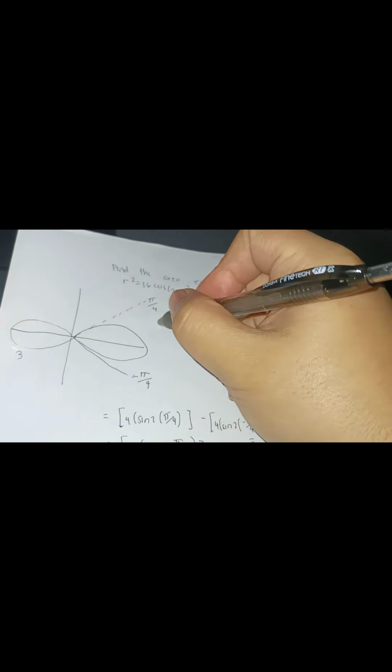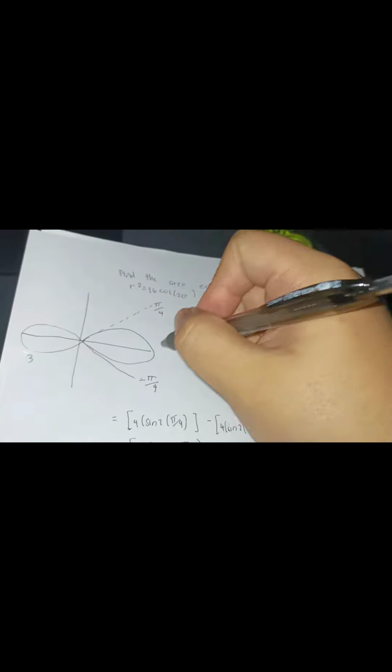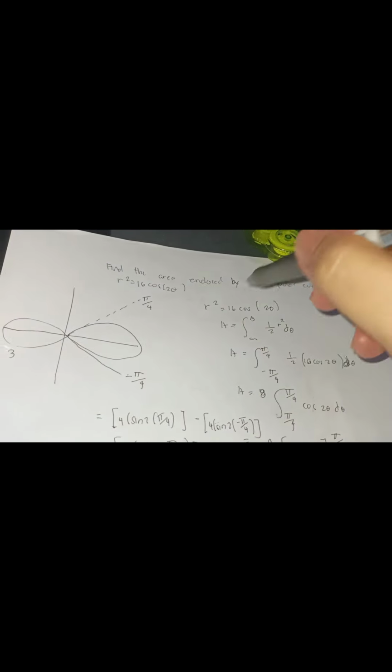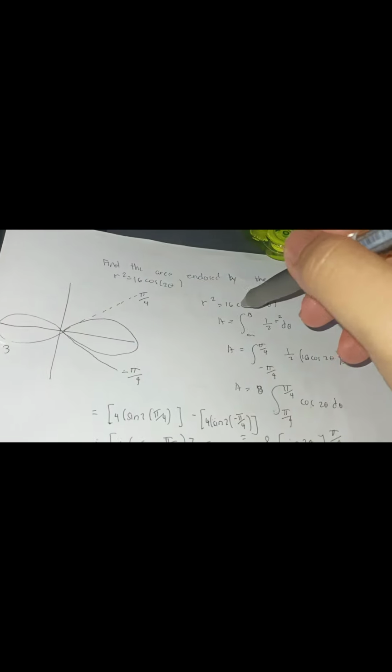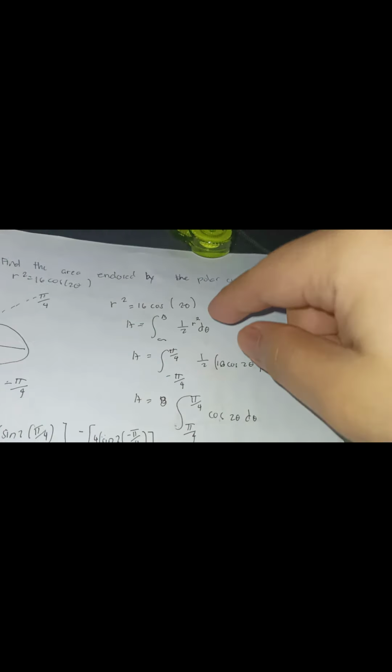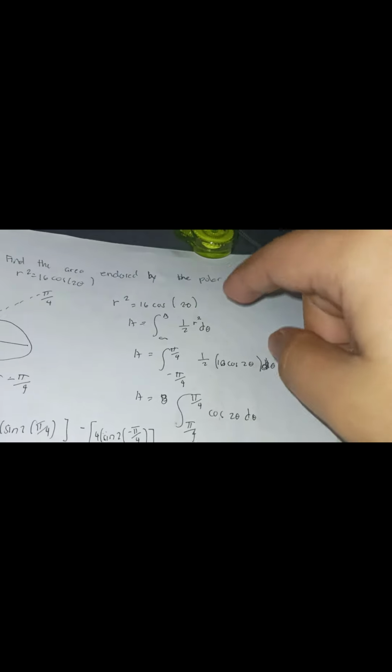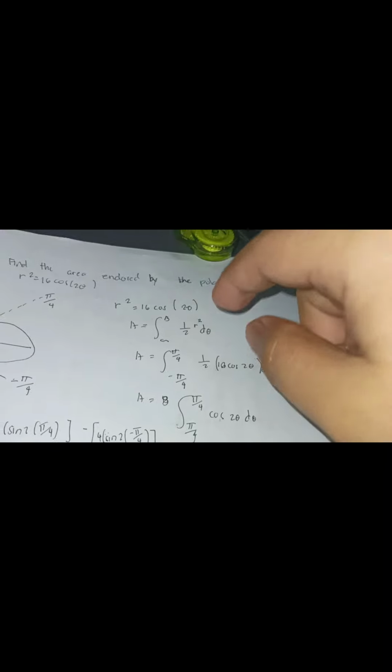In order to get this, we just divide 90 by 2, and then we place here our solution or process, which is area equals the integral of 1/2 r squared d theta from a to b, and then we just substitute these two.